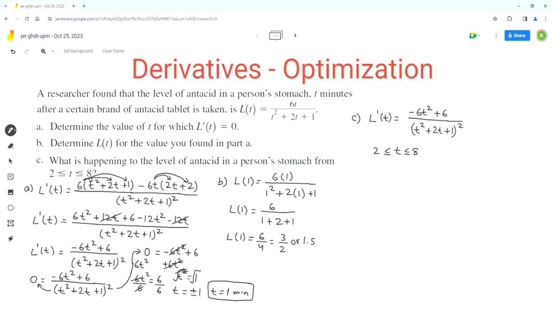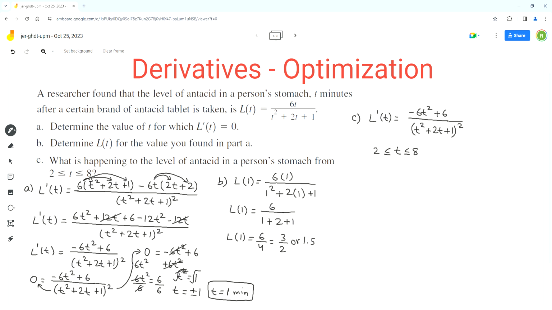We can see that for all t values from 2 to 8, the denominator will be positive, because for any value of t we put in the denominator, the square will make it a positive term.